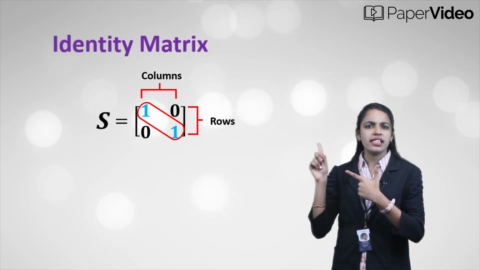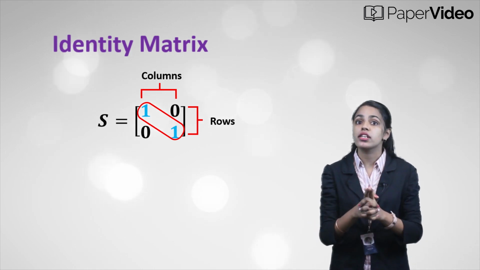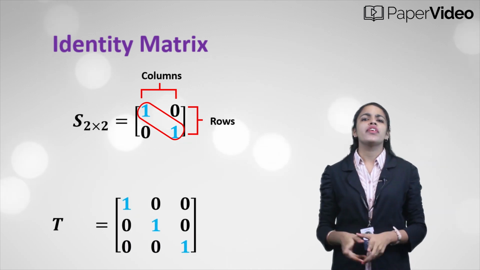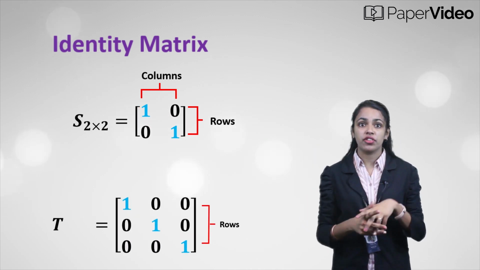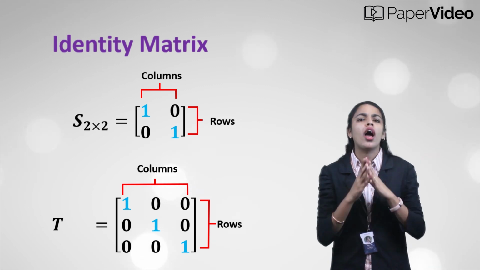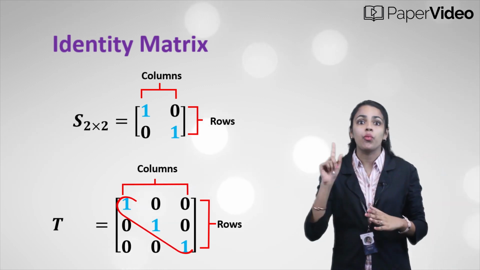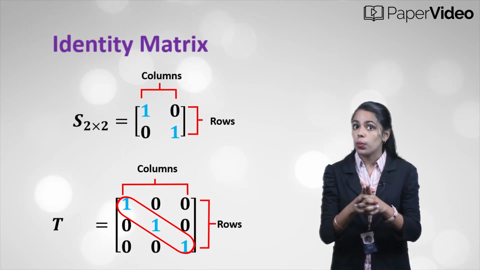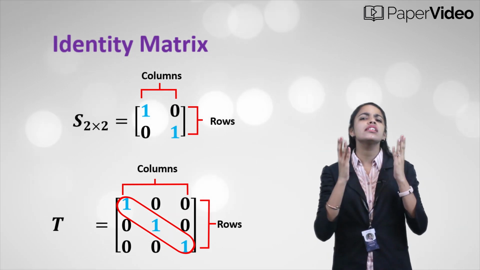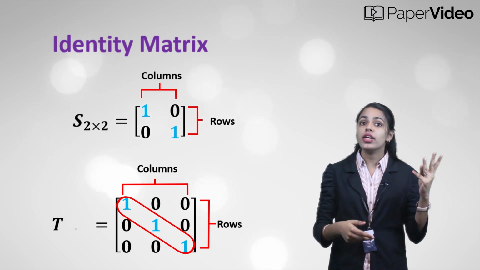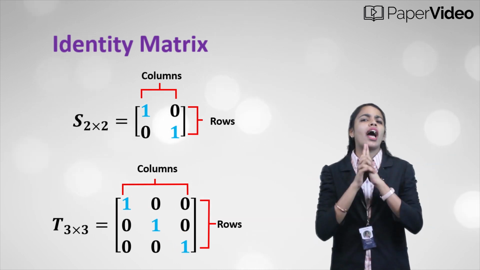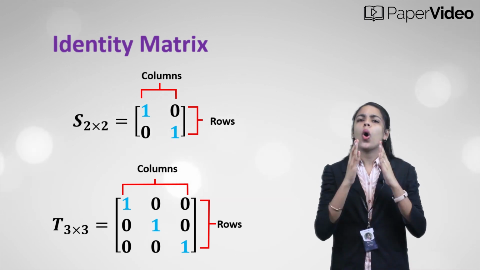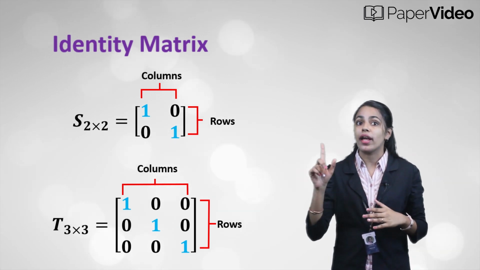So, matrix S is an identity matrix of order 2 into 2. Similarly, we have matrix T having 3 rows and 3 columns, and all diagonal elements are 1 and non-diagonal elements are 0. So, matrix T is an identity matrix of order 3 into 3. So, an identity matrix must be a diagonal matrix having all diagonal elements 1.